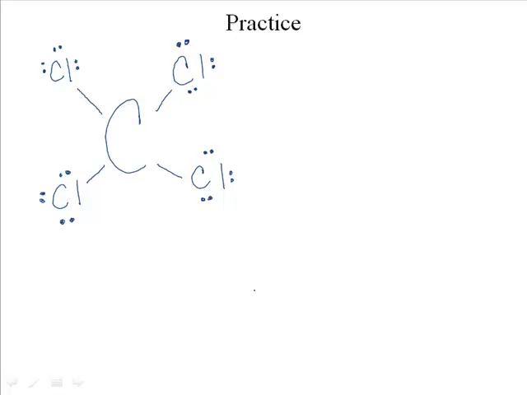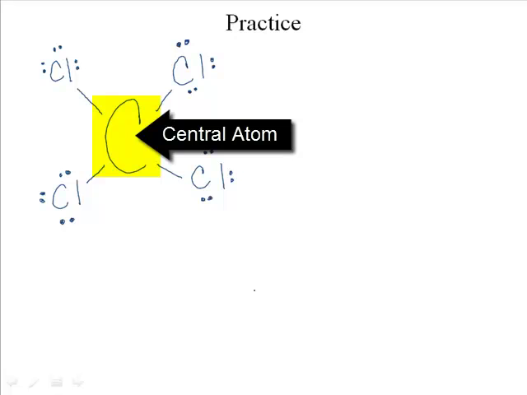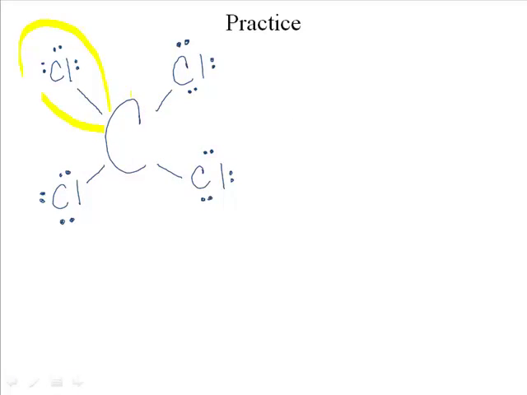When we look at this carbon tetrachloride with all of the lines and all of the electron pairs, remember that all we're concerned with is what is on or touching the central atom. So this carbon is my central atom, and when I look at what's touching it, I can see that I have 1 charge cloud here, another charge cloud here, a 3rd charge cloud here, and finally a 4th charge cloud.